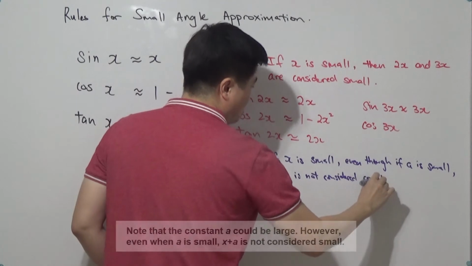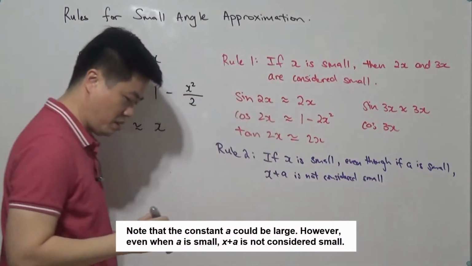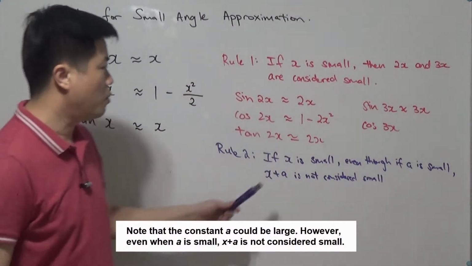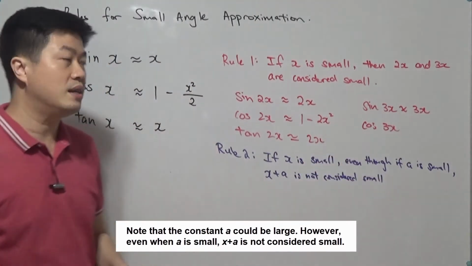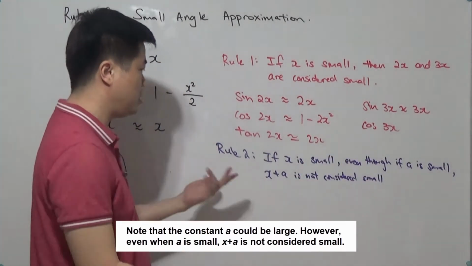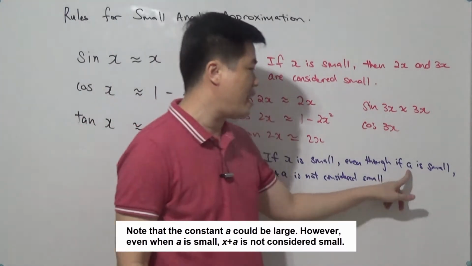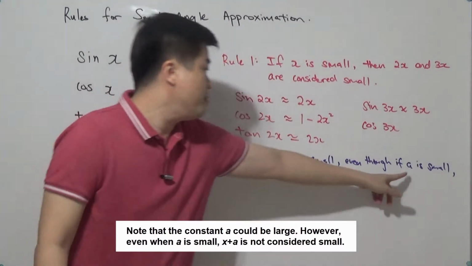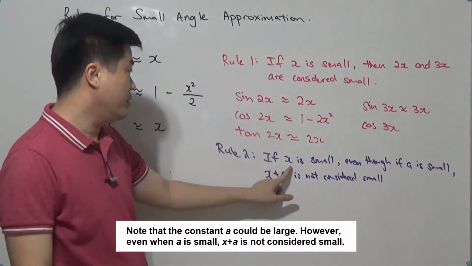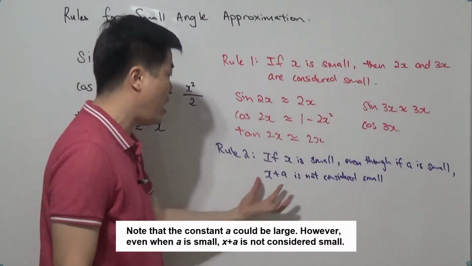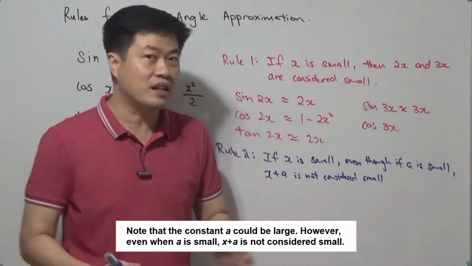This is how most of the notes would print it, not word for word, but something to this context. It's a little bit weird. I've had students asking me, if x is small and a is small, maybe even smaller than x, and if 2x is considered small, how is it that x plus a is not considered small?